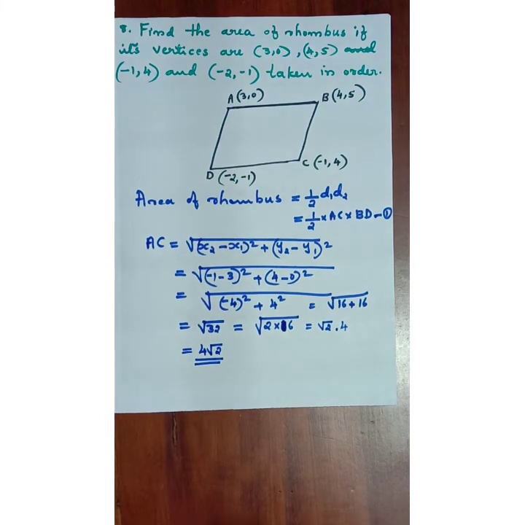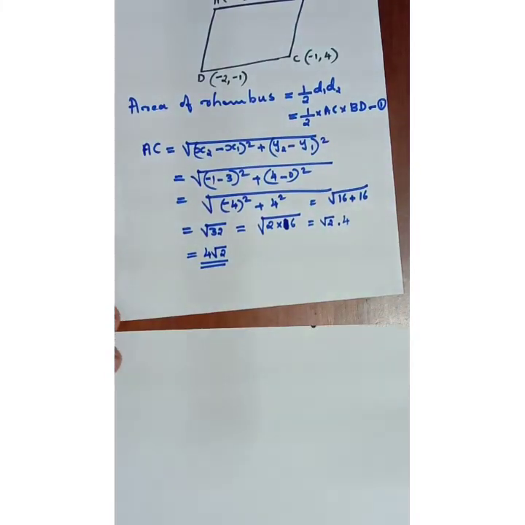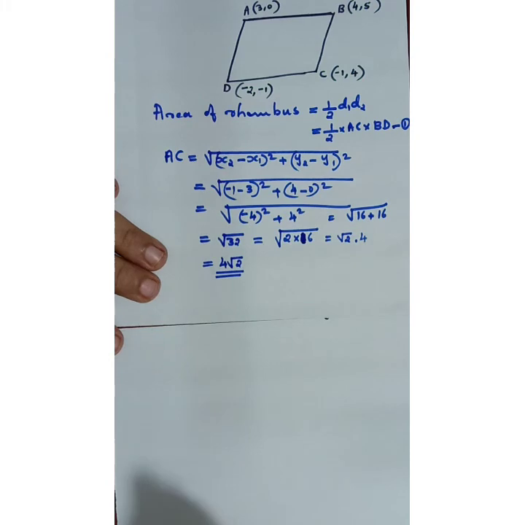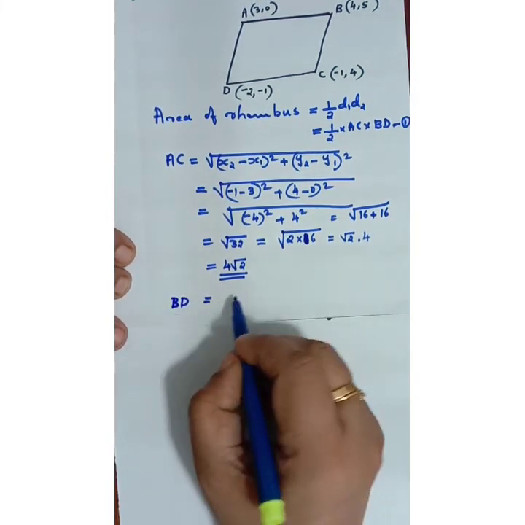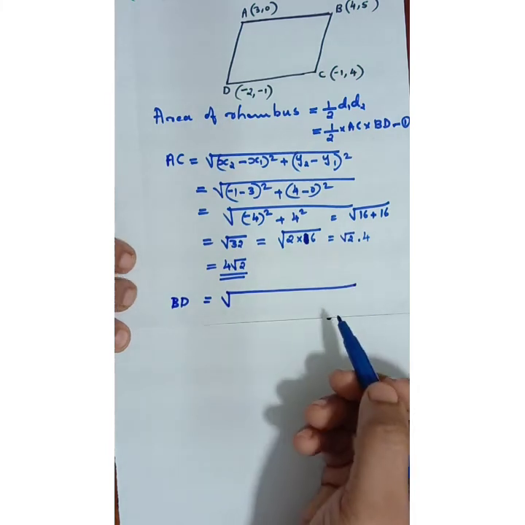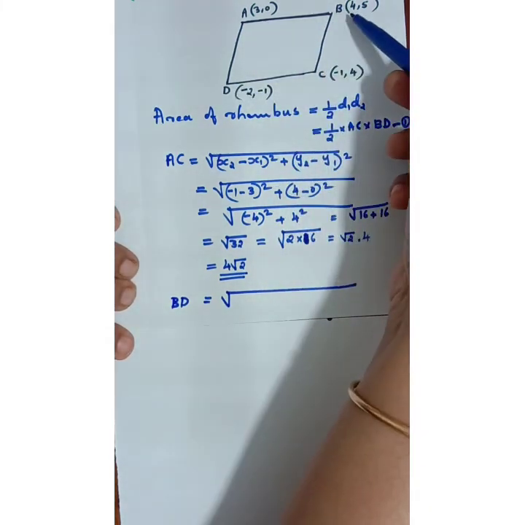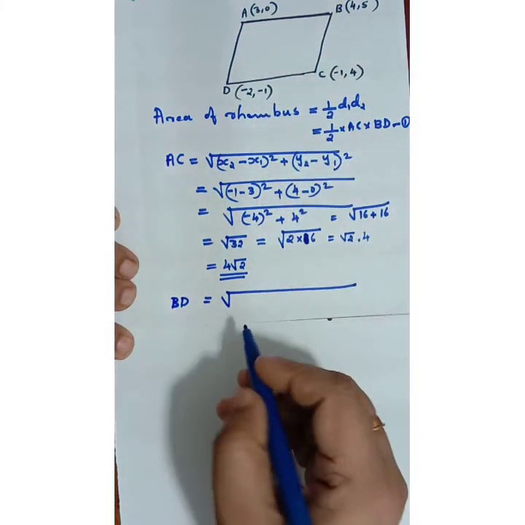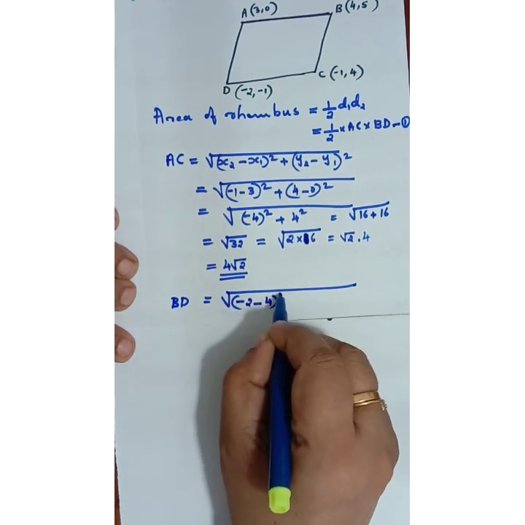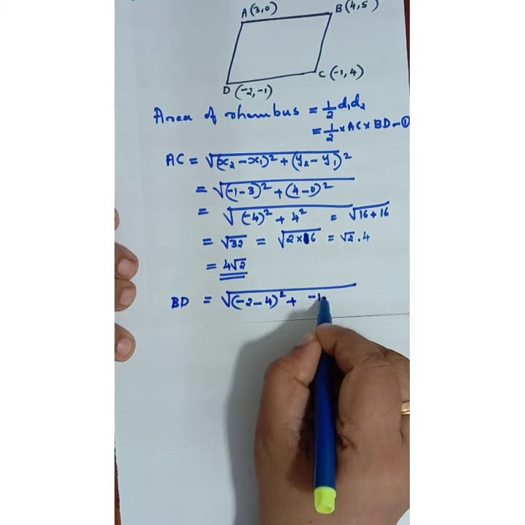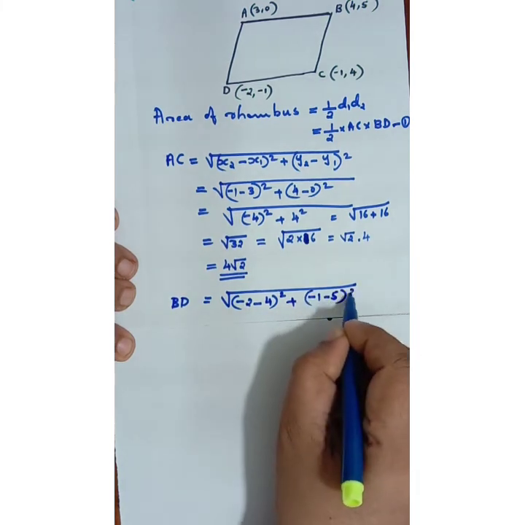Similarly, we can find out what BD is also. How do we get BD now? BD equals square root of (x2 minus x1) whole square plus (y2 minus y1) whole square.